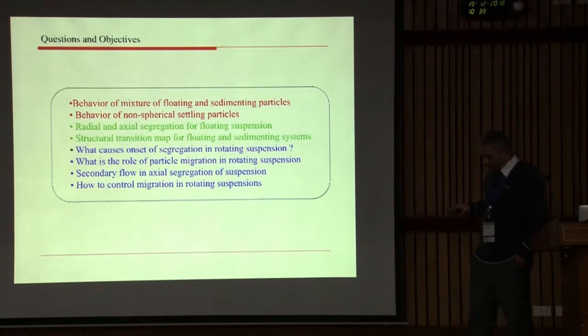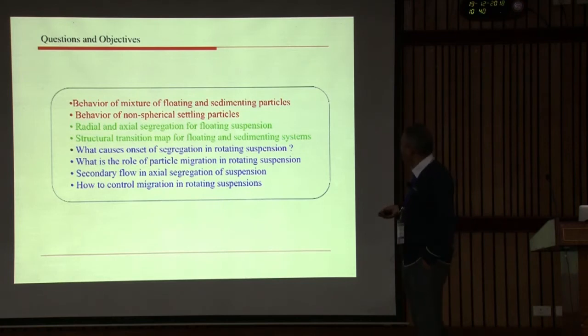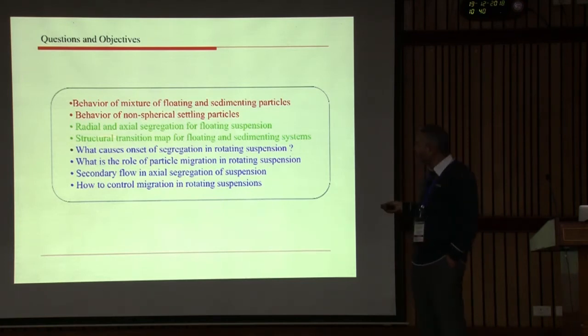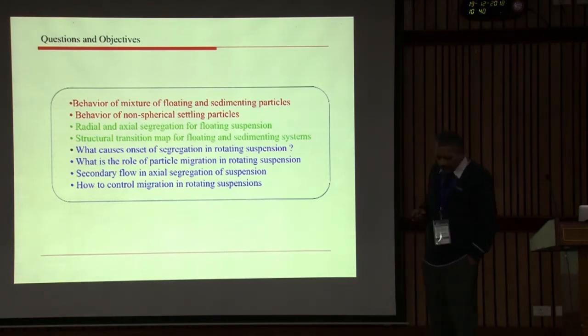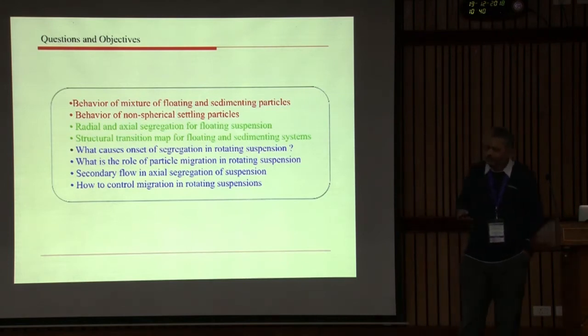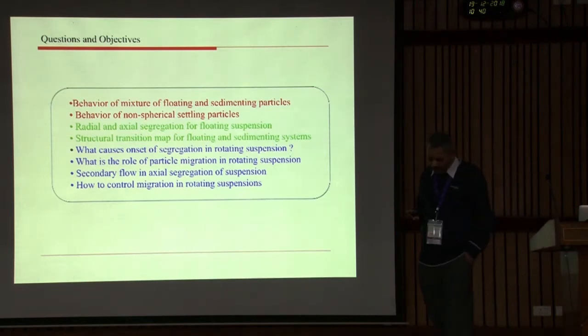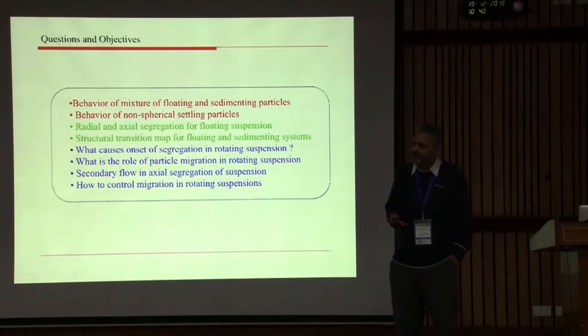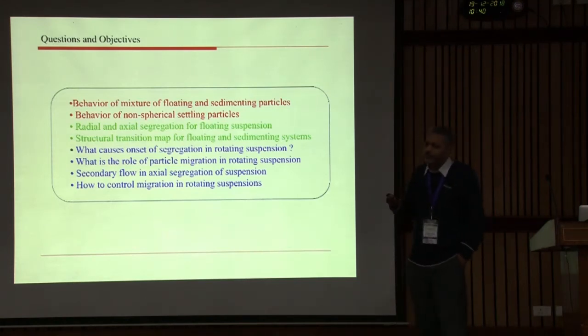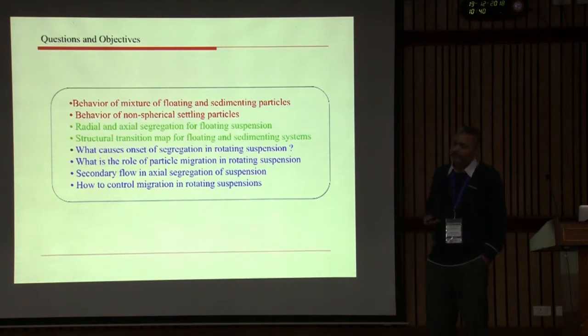And to understand what causes the onset of segregation, this is something which was debated. Earlier it was thought that diffusion of the particles coupled with the instability at the free surface, and then the viscosity which varies with the particle fraction, can basically cause the banding.